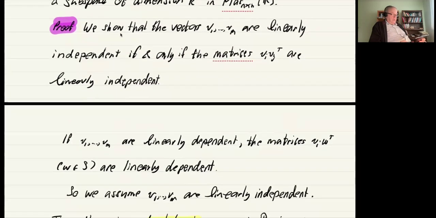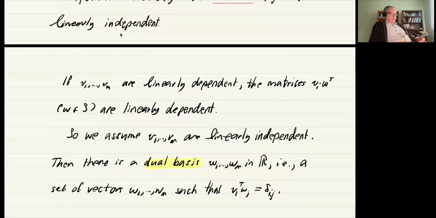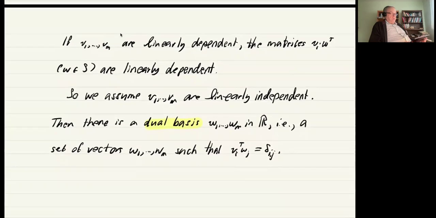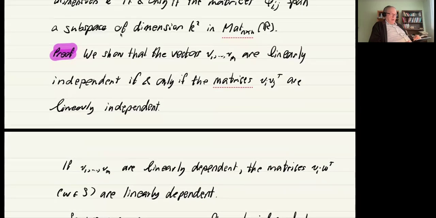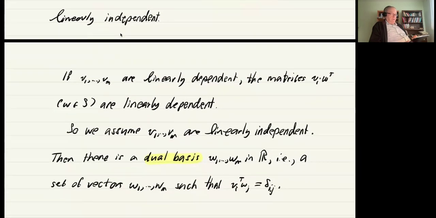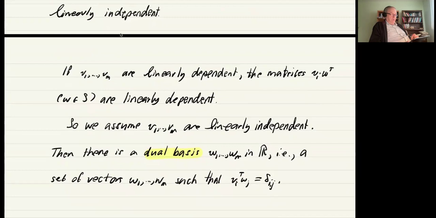The first step is to note that if the v1 through vm are linearly dependent, then these matrices v_i w^T are linearly dependent. So clearly half of the if and only if is done. I can never tell which is if and which is only if, so I've done one half. Now we're looking at the other half.